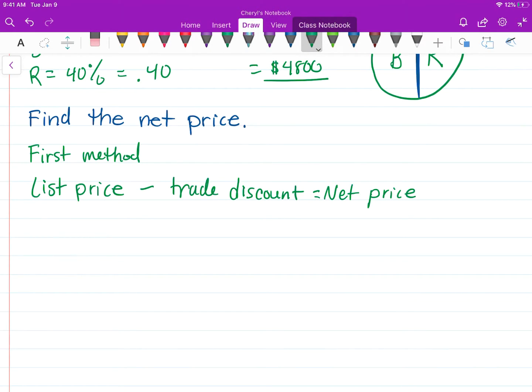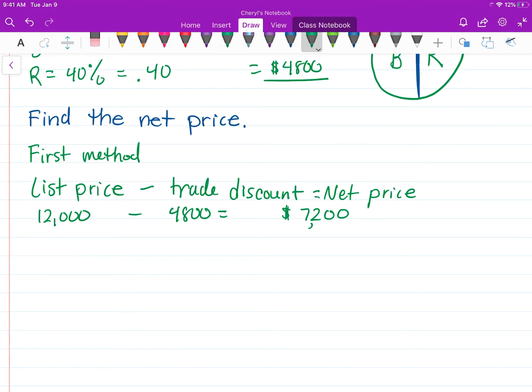In this case, we know the list price was $12,000. We just figured out the discount is $4,800. When we subtract, we get that the net price is $7,200. So originally it was $12,000. They took off a discount of $4,800, and what they're going to end up paying is $7,200.